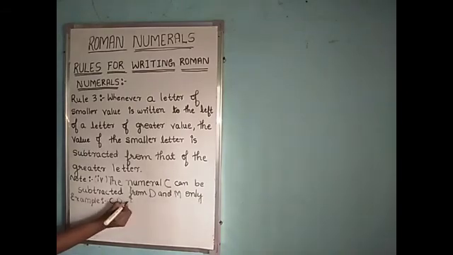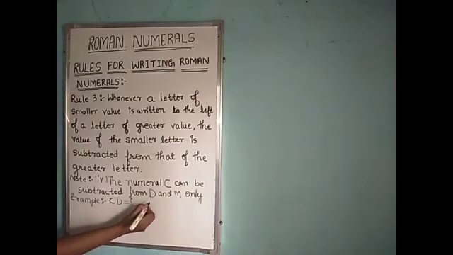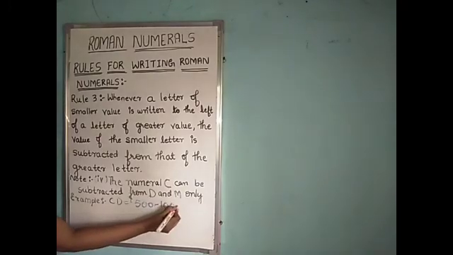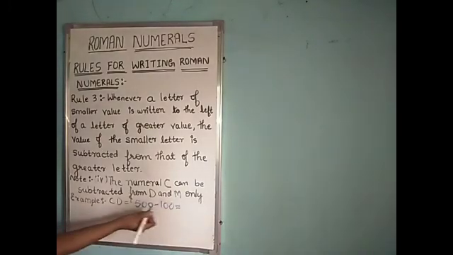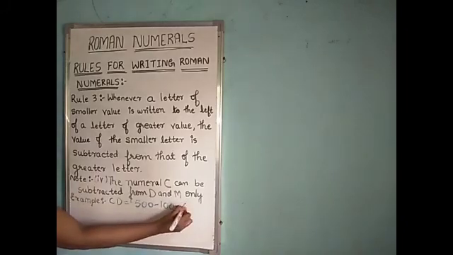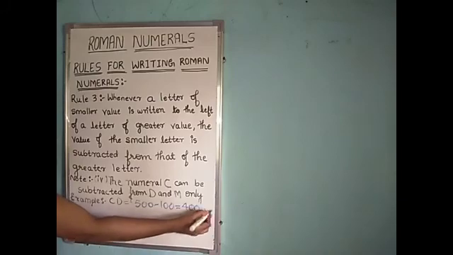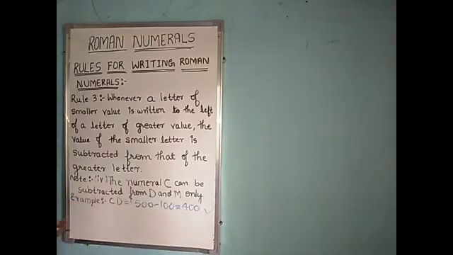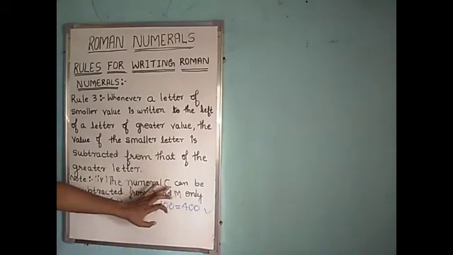We have to subtract 100 from 500. 500 minus 100 is equal to 400. It is correct because the numeral C can be subtracted from D and M only.